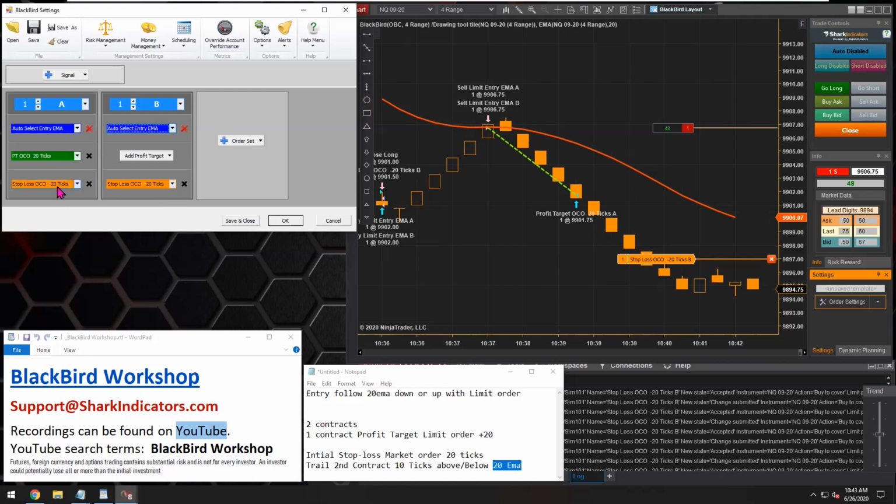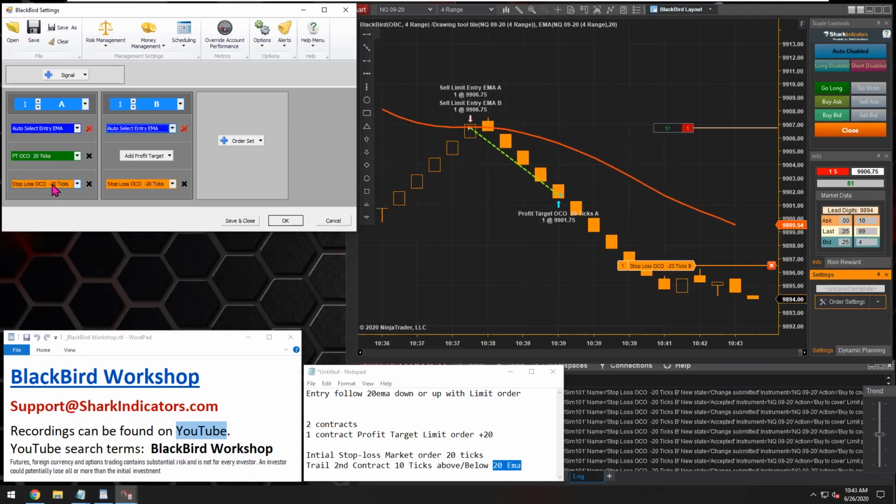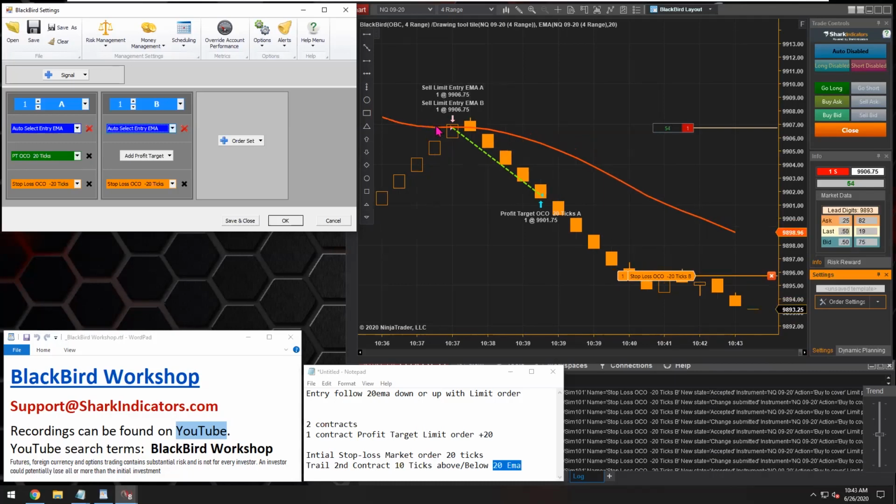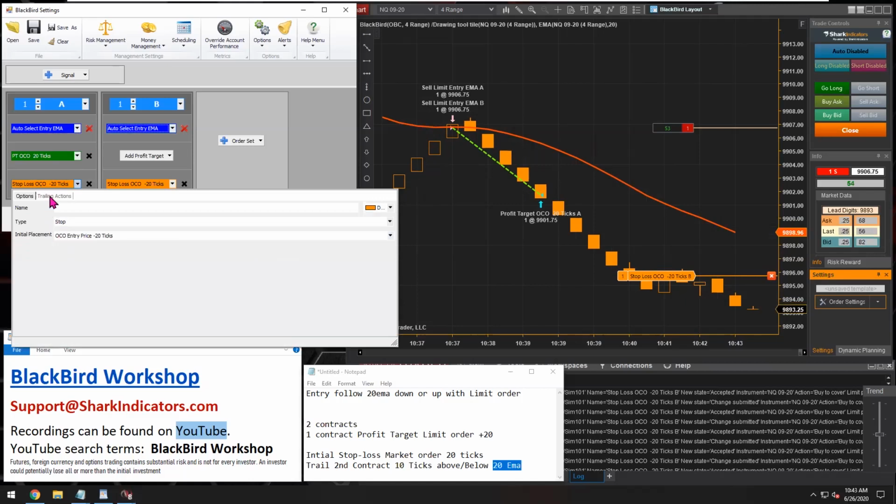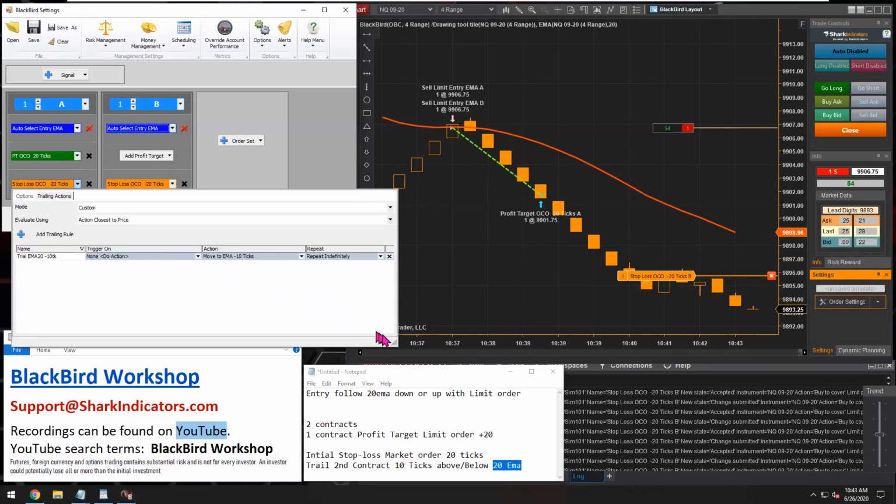And then the second one is going to be the stop loss. So again, if we're trying to go long below the moving average, we wouldn't want the stop loss to move above the market, right? Because that's just going to close your trade out immediately. So we can go into the stop loss and go into the trailing actions.